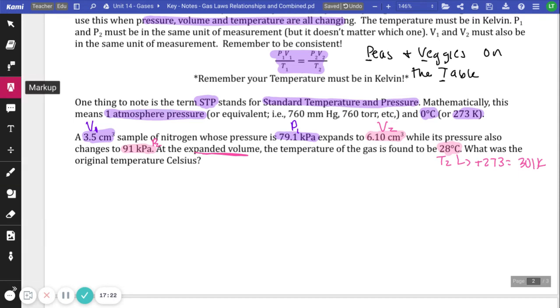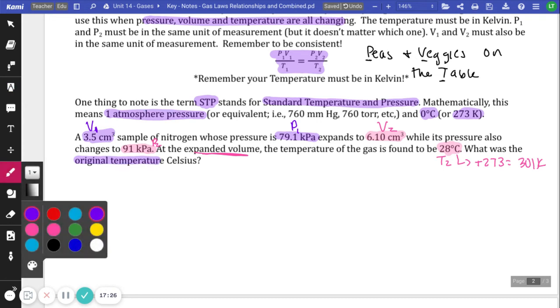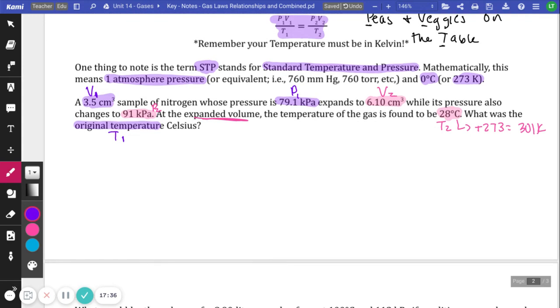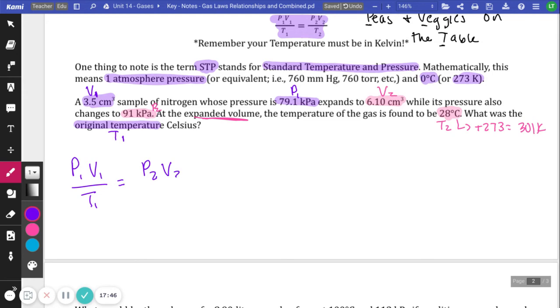We want to know the original temperature in Celsius. So we're looking for T1, sorry, not T2, the original temperature, T1. Then from there, it's just plugging in our values. So we have P1 V1 over T1 is equal to P2 V2 over T2.